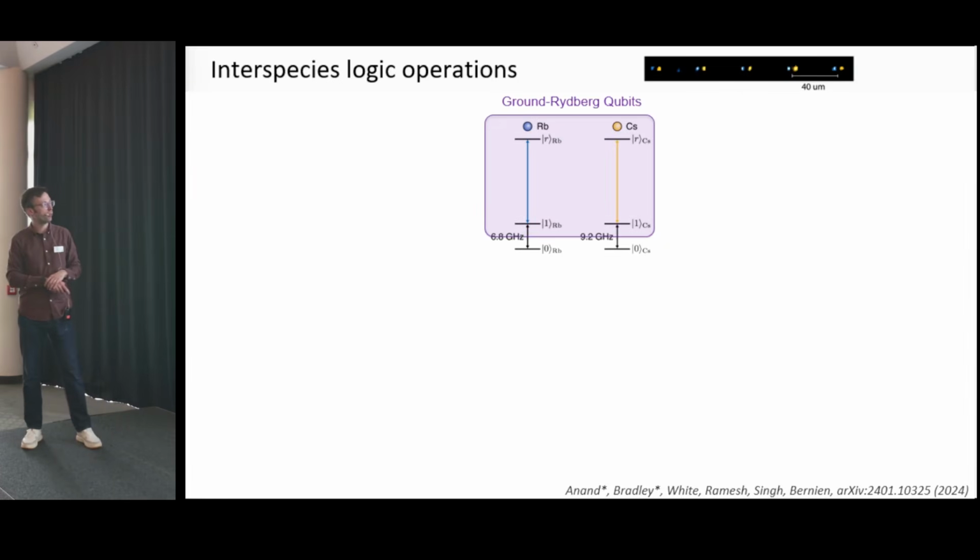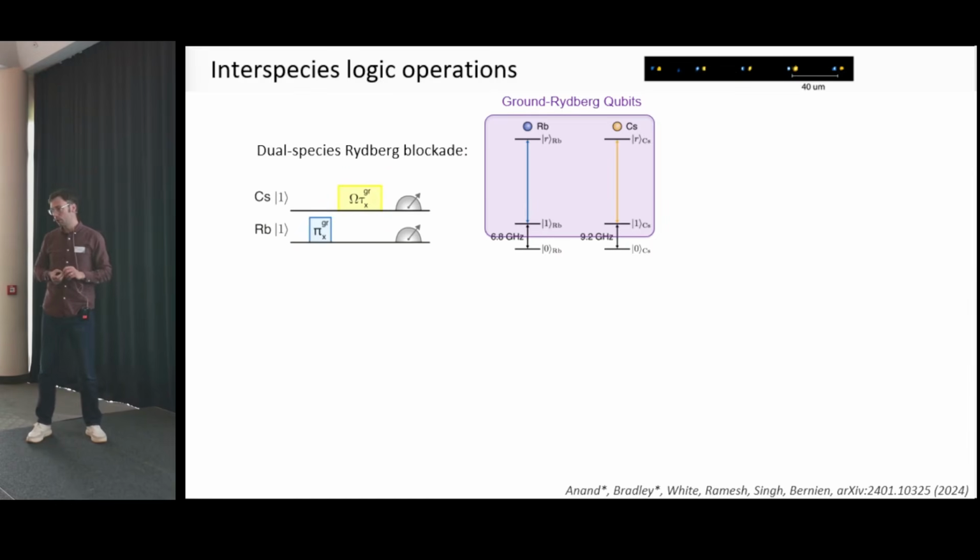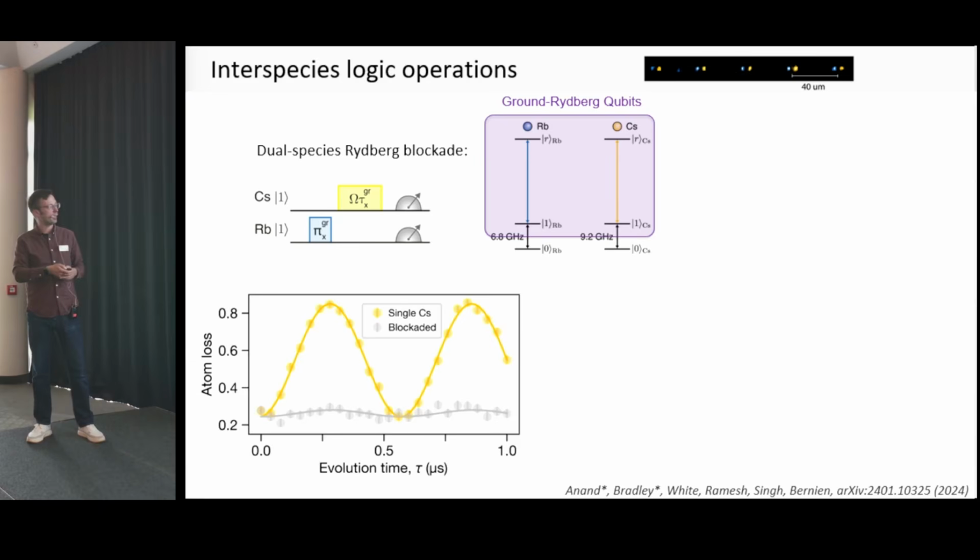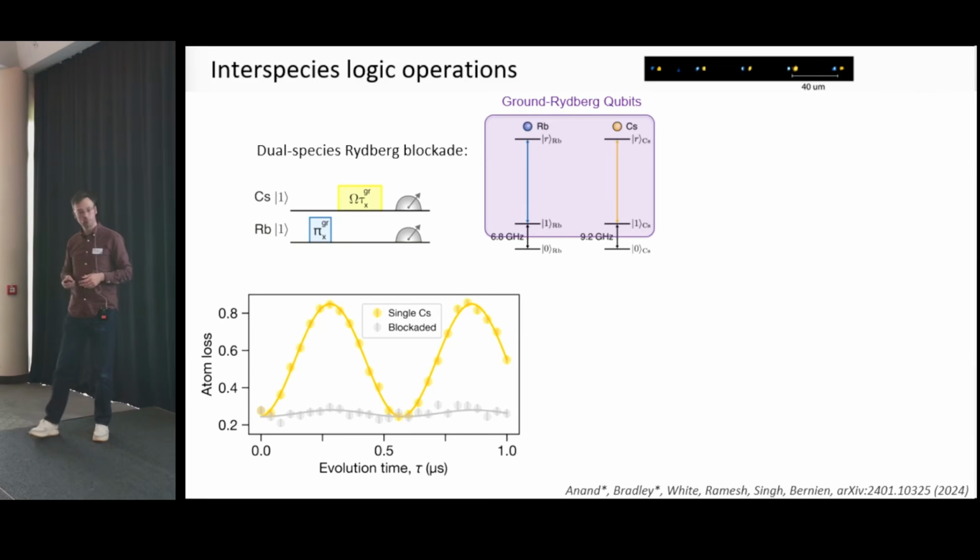So let me just show you what we did there. So here now we have the atoms, the ground state and the Rydberg state. And the first thing we looked for is Rydberg blockade. So can one atom in the Rydberg state blockade the dynamics of the other? And this is exactly what we see. So this is cesium Rabi oscillation between ground and Rydberg state. And here is the blockaded Rabi oscillation when we put the rubidium atom in a Rydberg state.